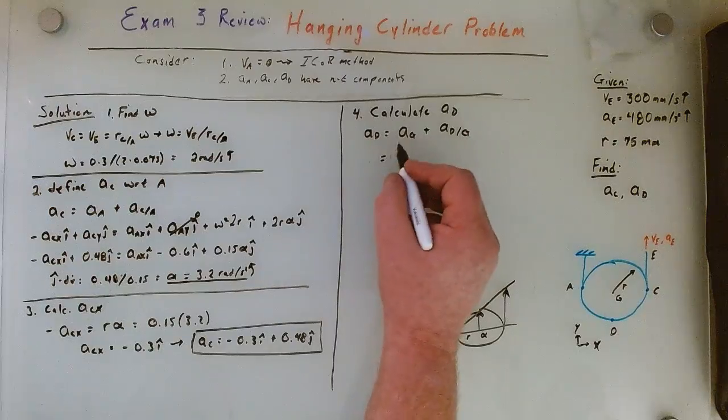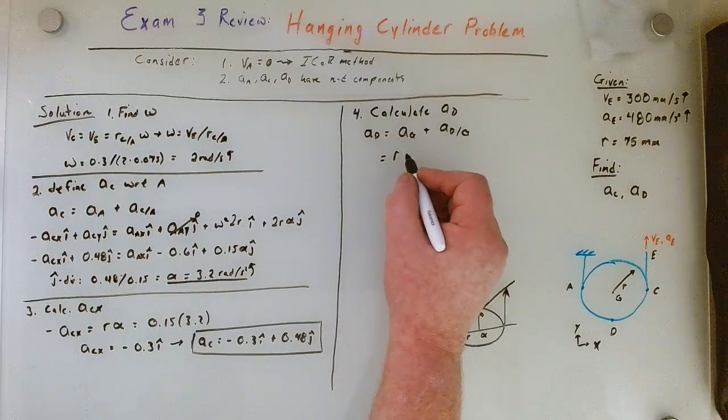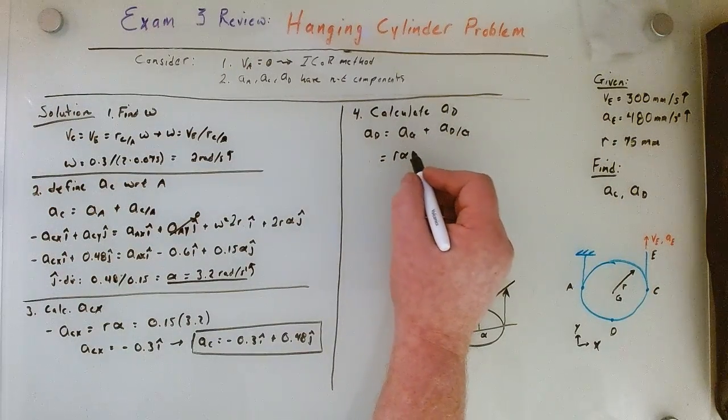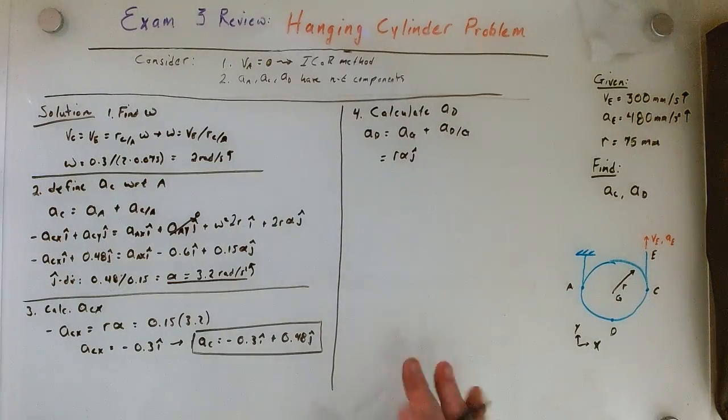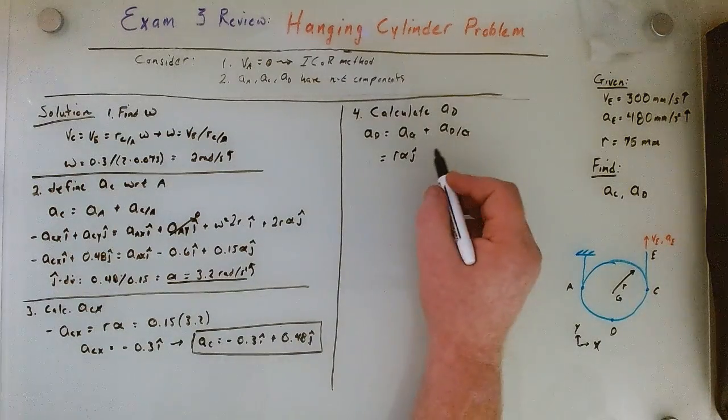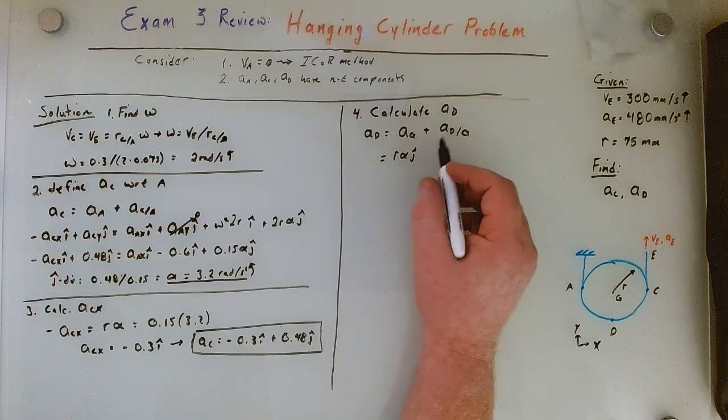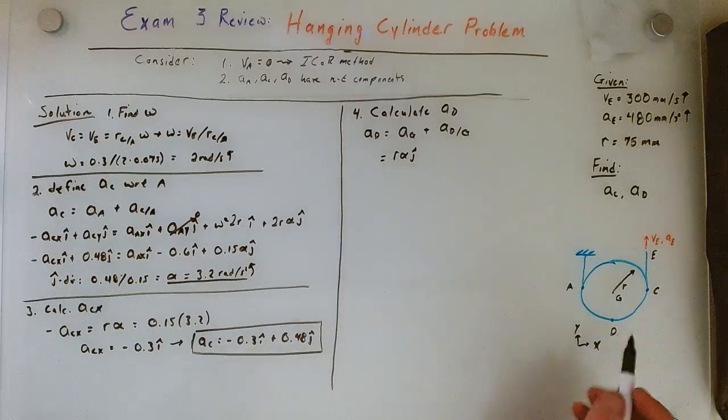So the acceleration of G is r alpha in the j direction. And so then we've got the normal and tangential of the acceleration of D with respect to G.